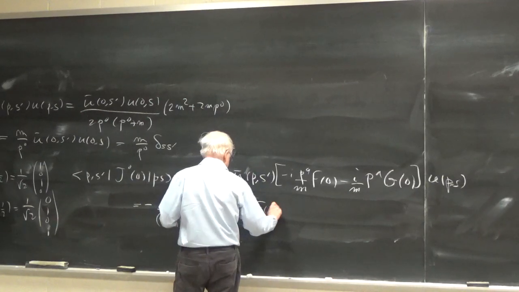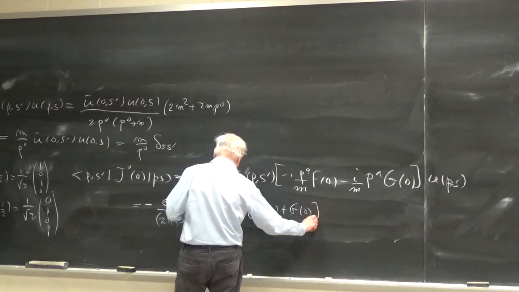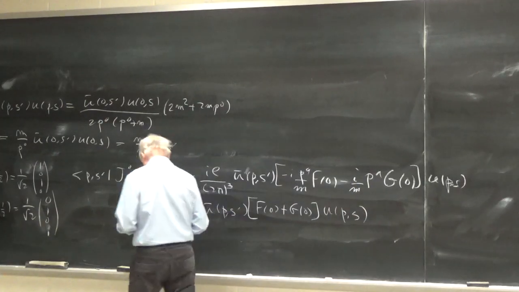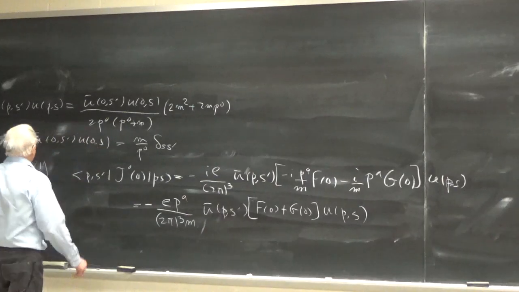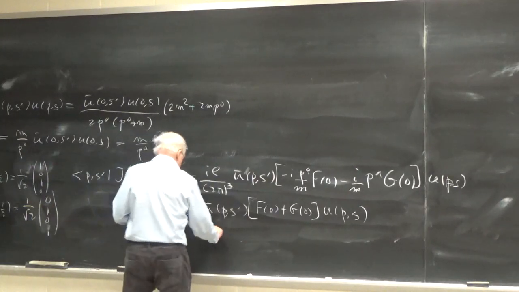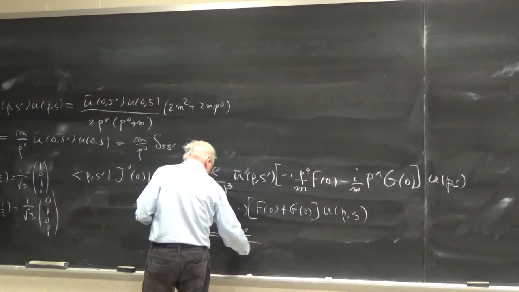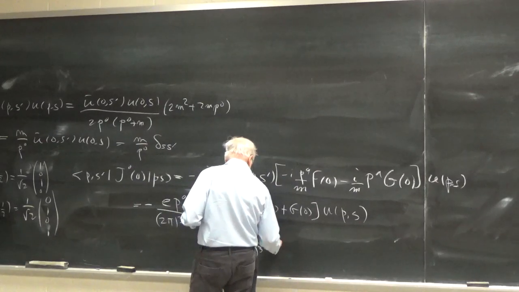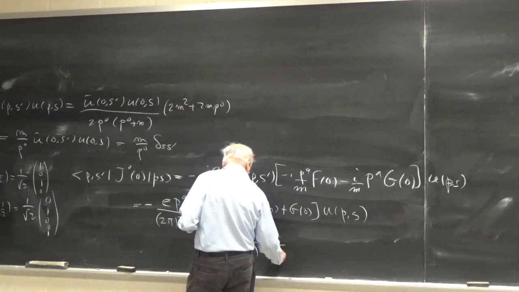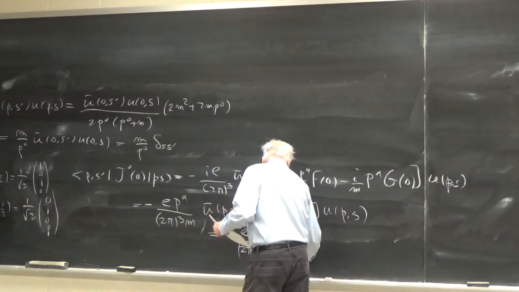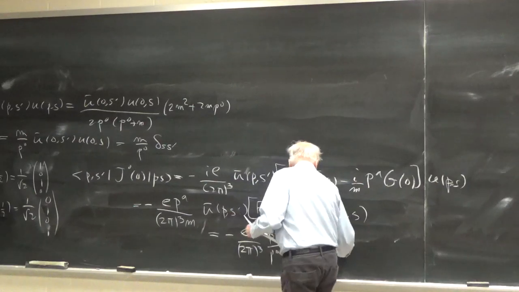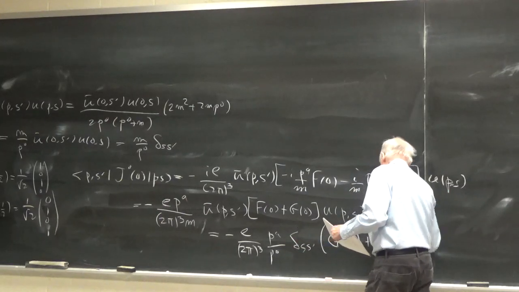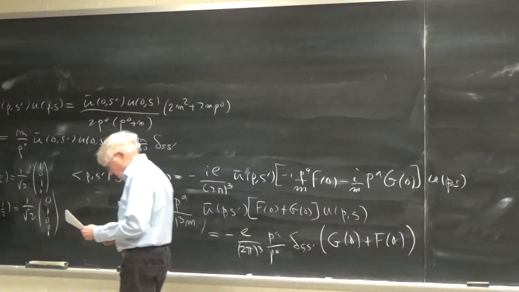And now this is just F of 0 plus G of 0, U of P and S. And now we know what U bar U is, and so this is equal to minus E over 2 pi cubed, P A over P0, delta S S prime, times, well, I started the G, but I meant to write F, but it doesn't matter since addition is abelian.